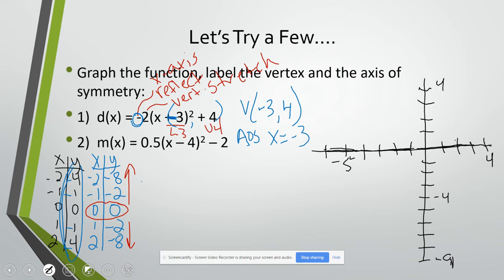So starting with this blue set of ordered pairs, negative 2, negative 8, negative 1, negative 2, 0, 0, 1, negative 2, 2, negative 8.